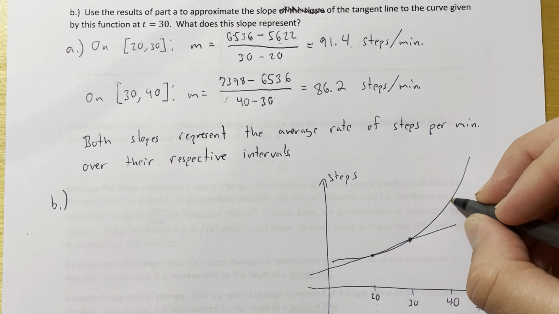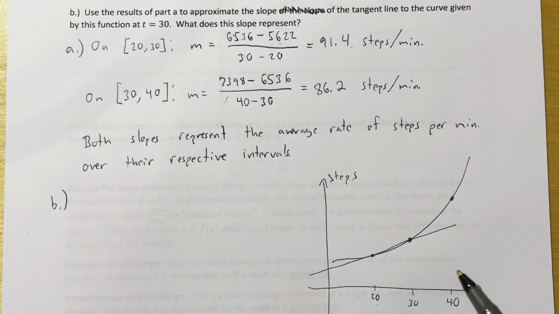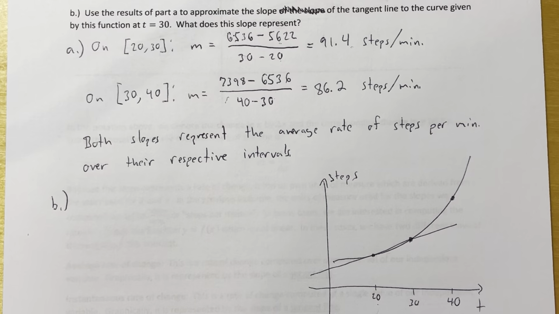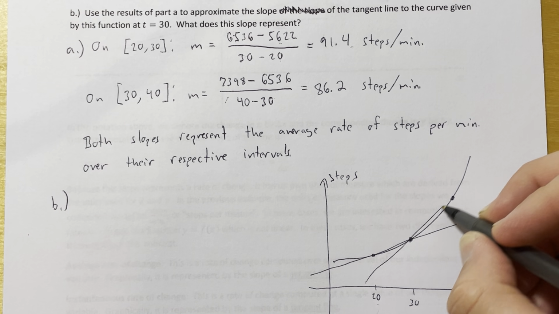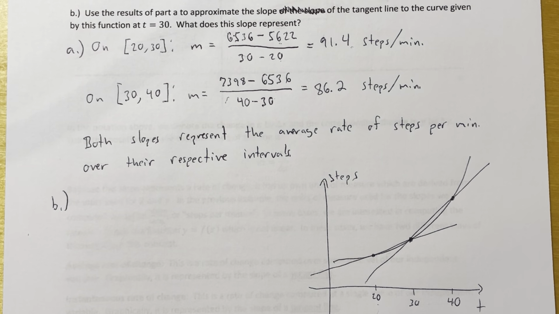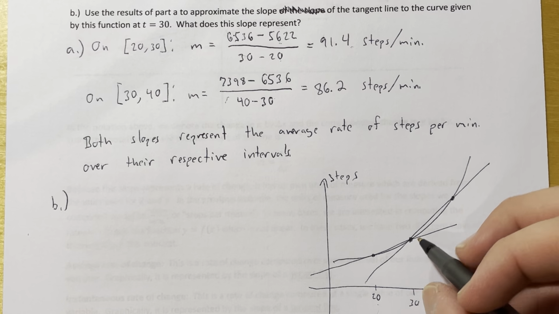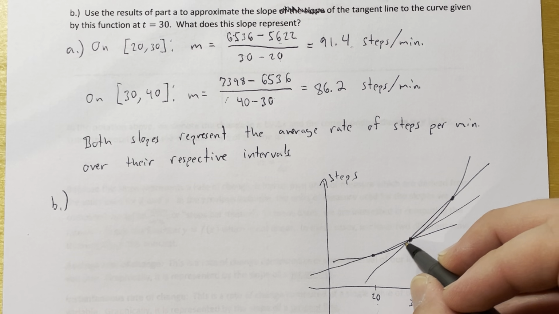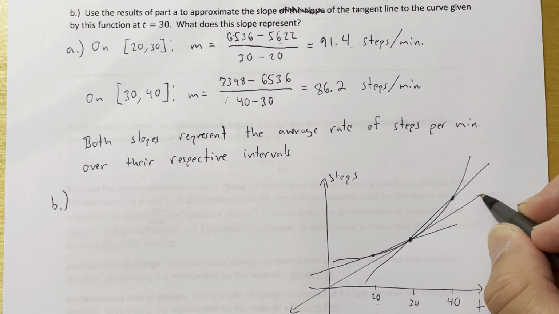Then if I were to look at the secant line that the second slope here represents, that might look something like this, right? Now the idea here is that these two slopes are different, but we're using them to try and approximate the slope of this tangent line.